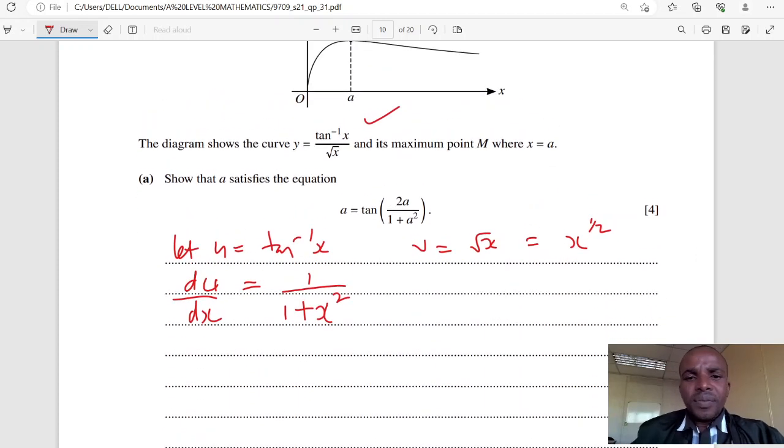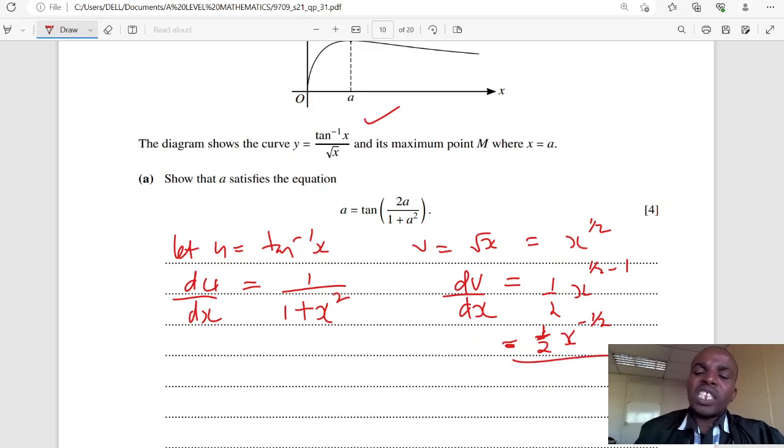Then on this part, differentiate x to the power half, which is dv over dx. It will be equal to half x to the power half minus 1. So it will be half x to the power minus half. Yes, this one.